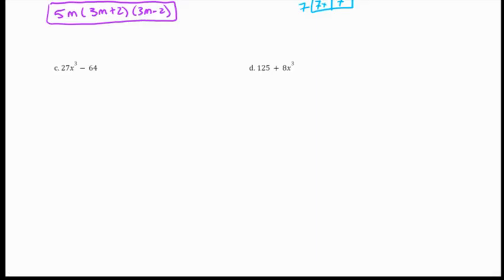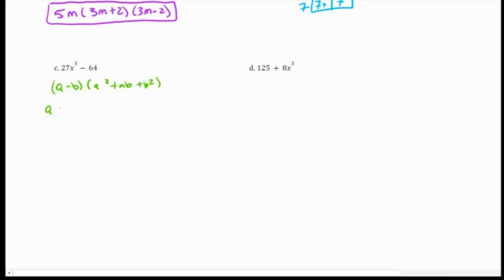For C here, looks like I'm going to have a difference of cubes on this one because I can see perfect cube, perfect cube, perfect cube. So I got to use my formula here where it's a minus b. Here, I'll write it out here. A minus b times a squared plus ab plus b squared.